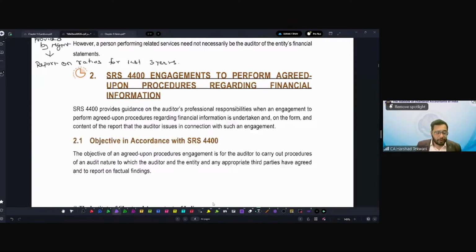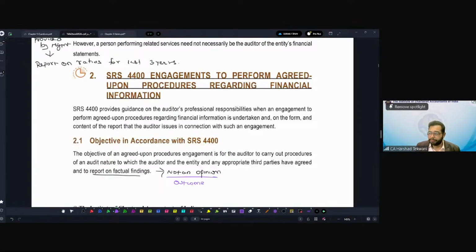Instead, I will use a report on factual findings, or a report on whatever procedure it is. It is not an opinion. It can be called a conclusion or outcome, basically. I can call this an outcome rather than a conclusion or opinion.